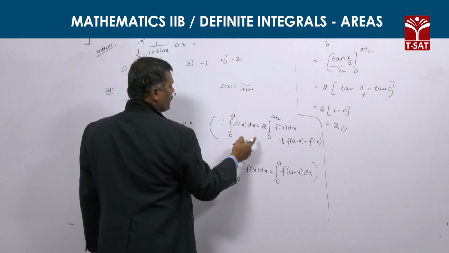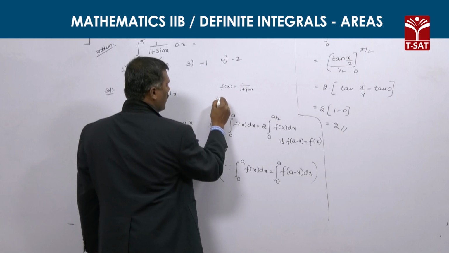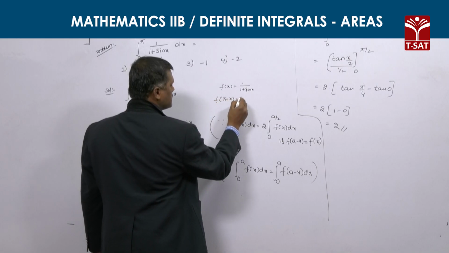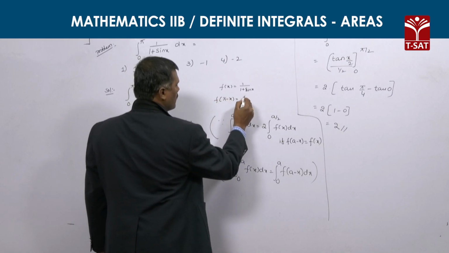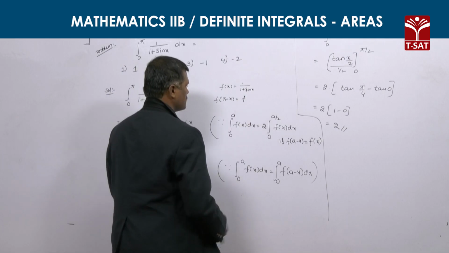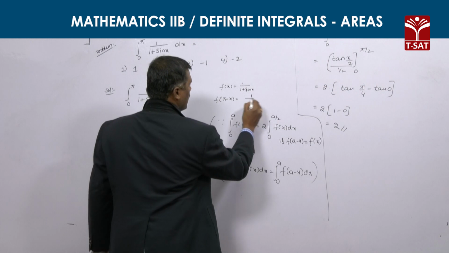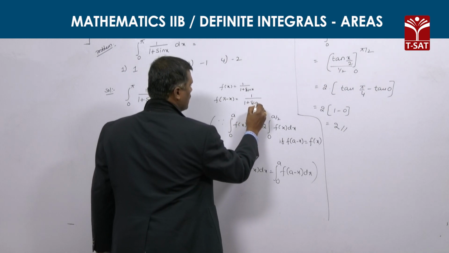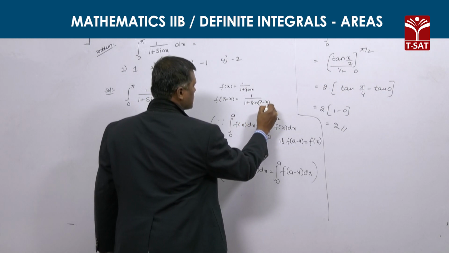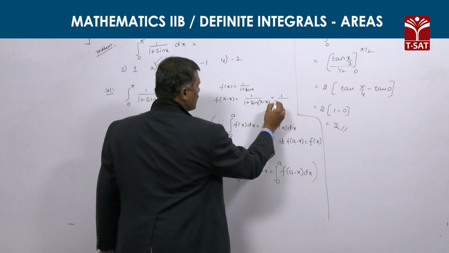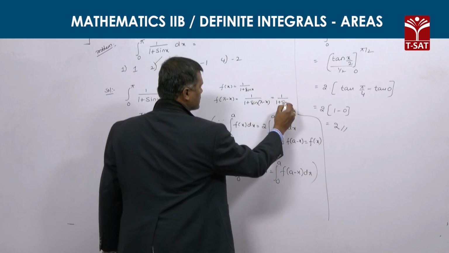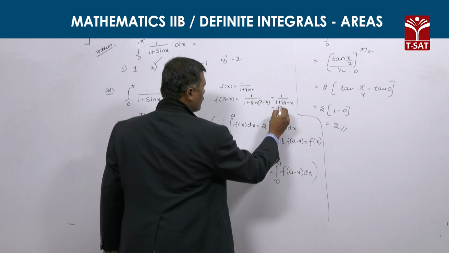That is f of a minus x, f of pi minus x is equal to 1 by 1 plus sin of pi minus x, that is equal to 1 by 1 plus sin theta, that is equal to f of x.